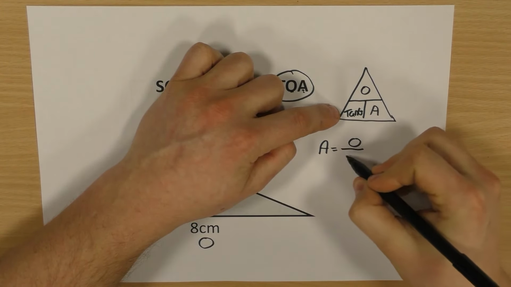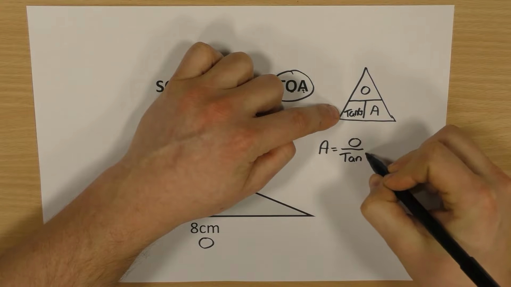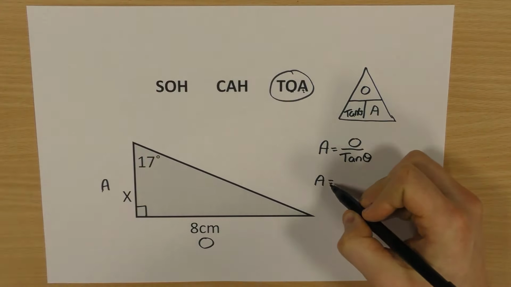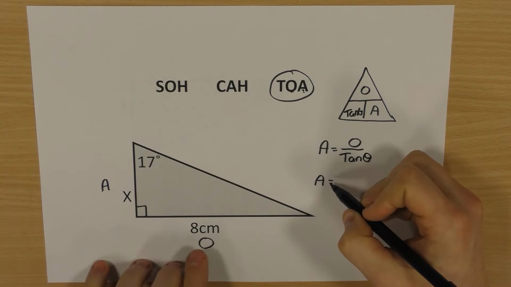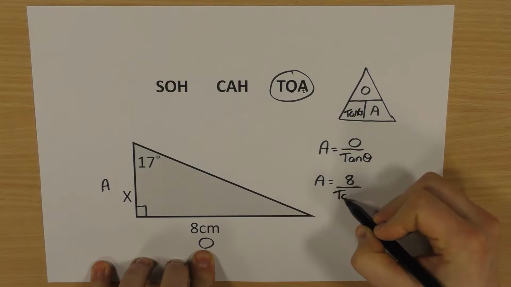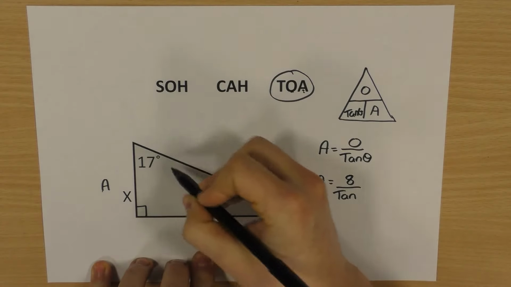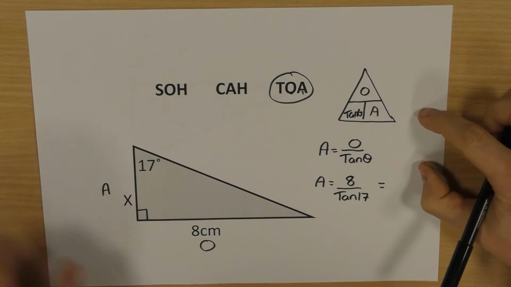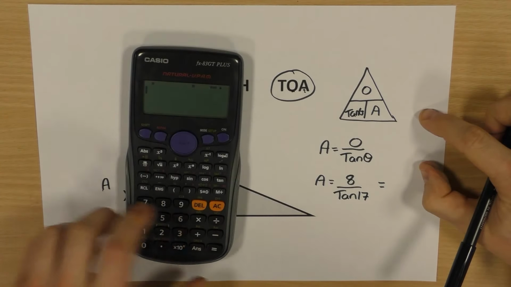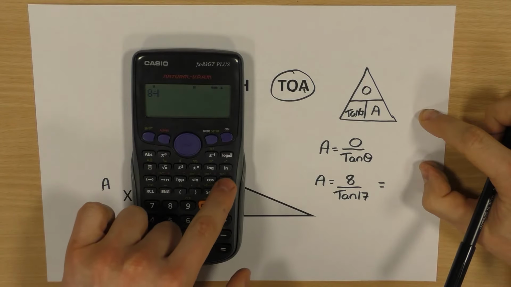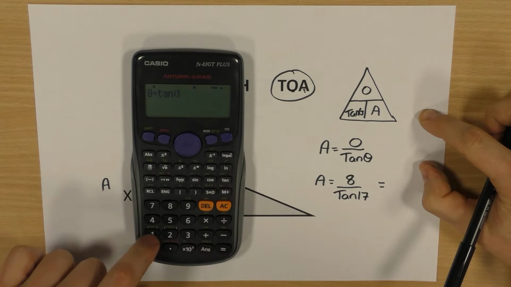So opposite divided by tan theta. So substitute in what we know. Well, we don't obviously know the adjacent, but we know the opposite is 8. Divide by tan, and the angle is 17, so I divide by 17. And again, we get our calculator out, and we say, okay, 8 divided by, this time it's tan, so that one there, tan, and the angle was 17.